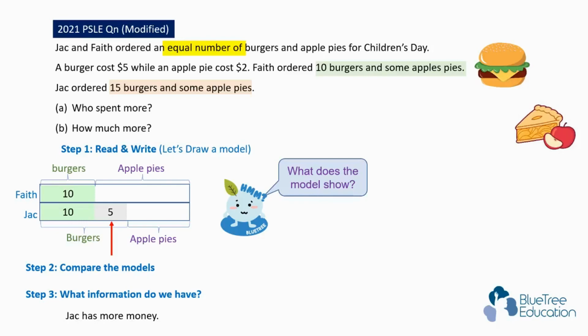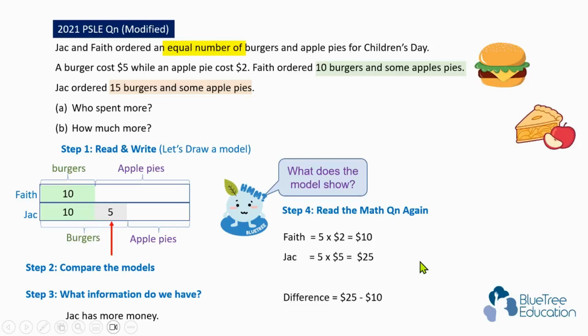So within that 5, that 5 in the middle, Faith bought apple pie, while Jack bought burgers. So Jack must be richer. Okay, so how much more? You can literally take the item 5 times $2 and 5 times $5 and make a comparison.